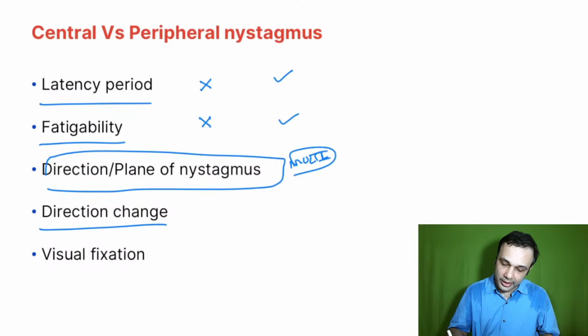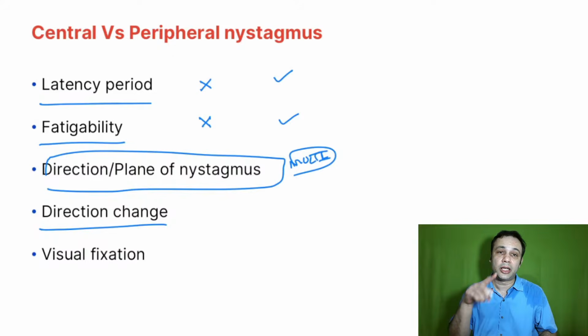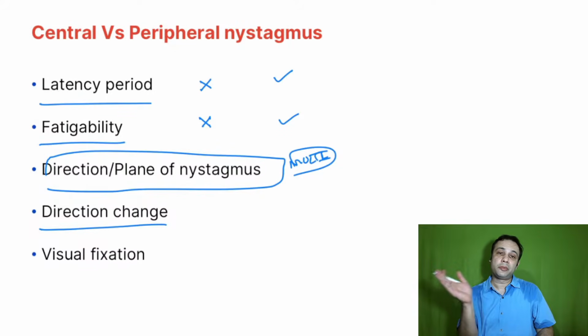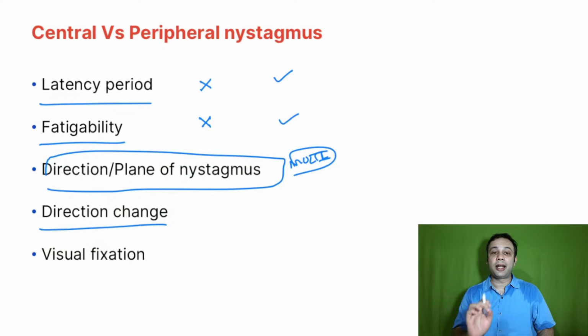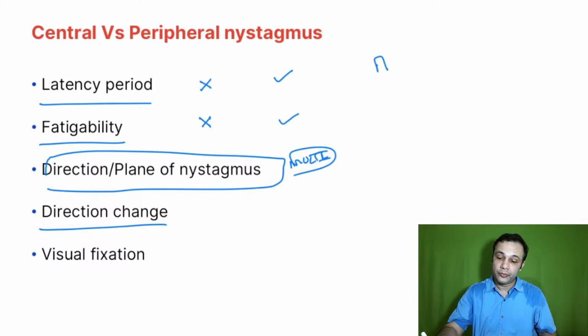Right. So, peripheral nystagmus is along the direction of the semicircular canal. When you're looking at the lateral semicircular canal, it's a horizontal nystagmus, right? It's all dependent on the stereocilia and the kinocilium.